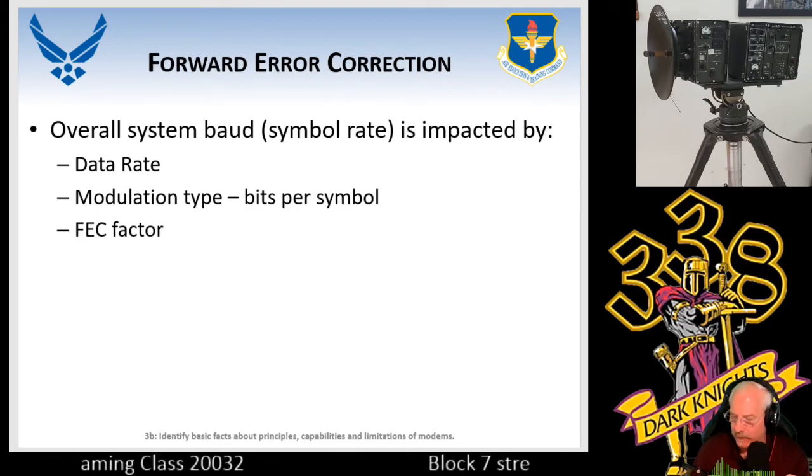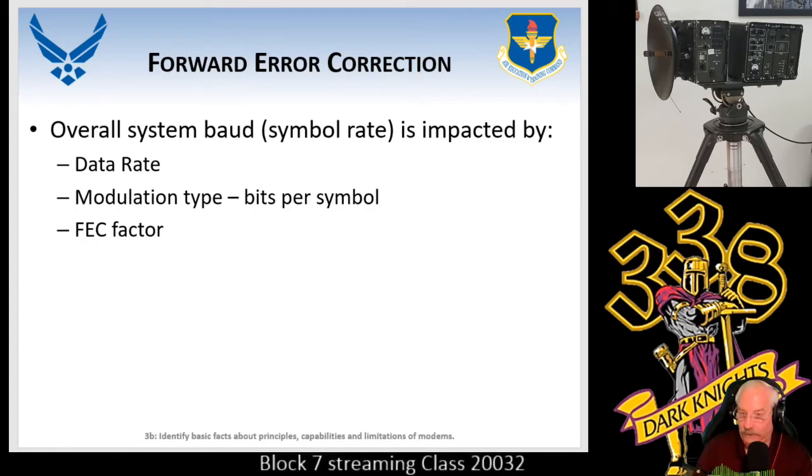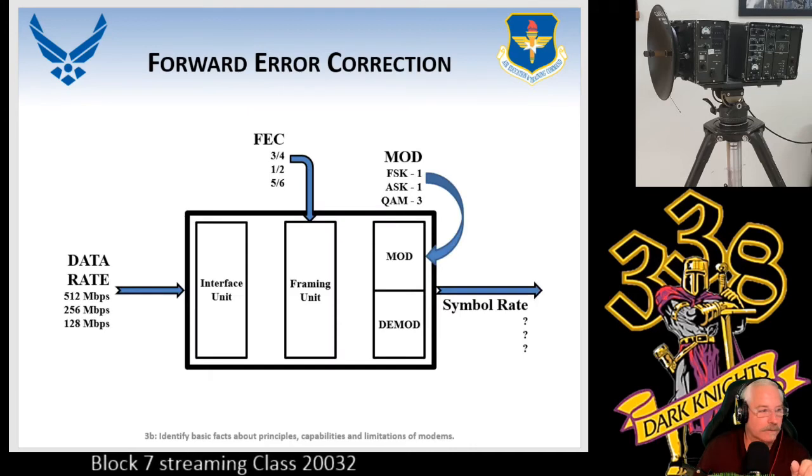I'm not sure if Mr. Miller kept that in the study guide workbook, but there is a mathematical equation to figure out overall baud rate by using data rate, modulation type, and forward error correction factor. So if you want to, you can try it out. Again, those 3 are really important when it comes to figuring out your overall system baud rate or symbol rate.